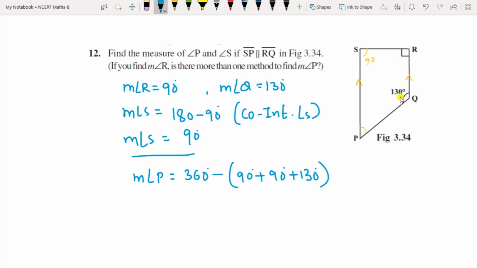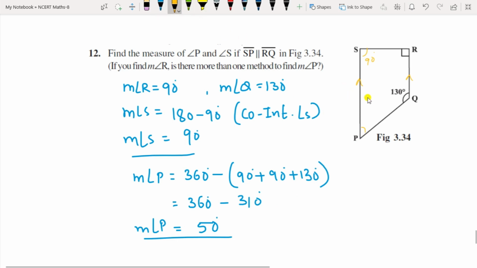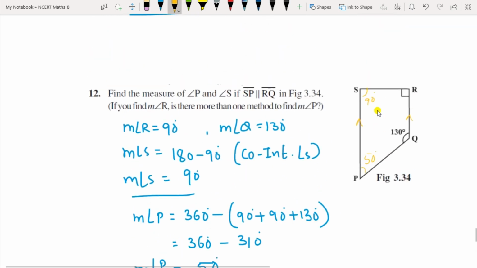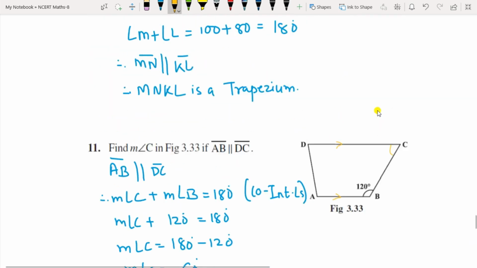This is 90, 90 and 130. Add these all and subtract from 360. So you will get 360 minus 310. So that gives you 50 degrees. So measure angle P equal to 50 degrees. So this is your 50 degrees here. So this way you have to solve question number 12. Okay, so that's all for now.